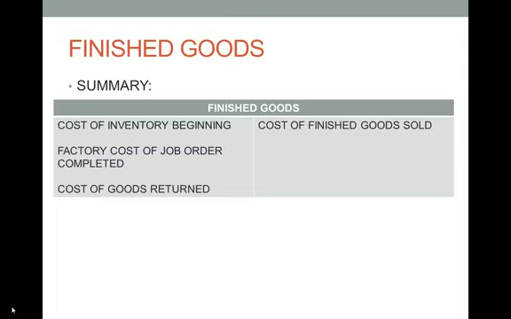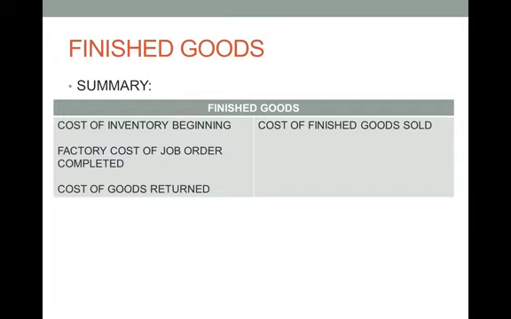Pero sa debit side, meron tayong tatlong dapat makitang naka-record: yung cost of beginning inventory, factory cost of job order completed, and cost of goods returned. Yan po ang finished goods account.